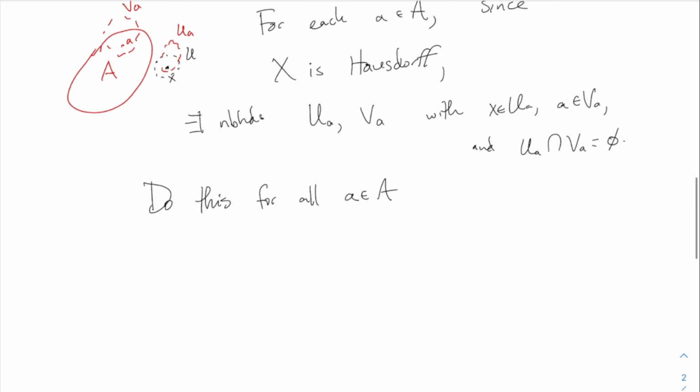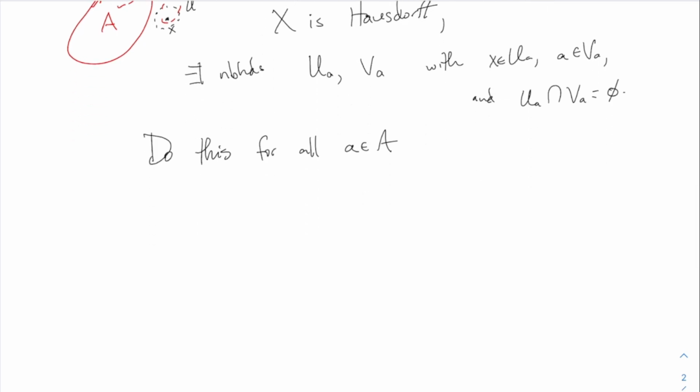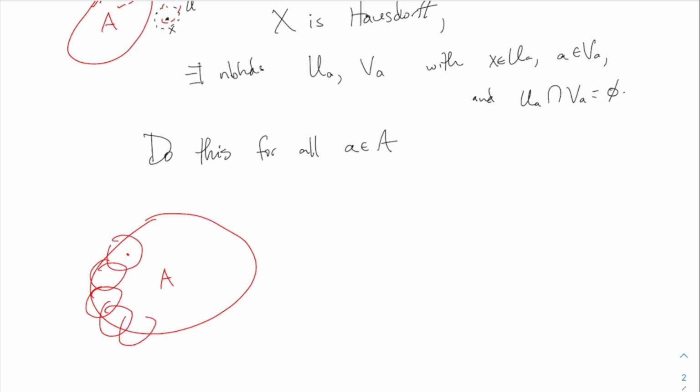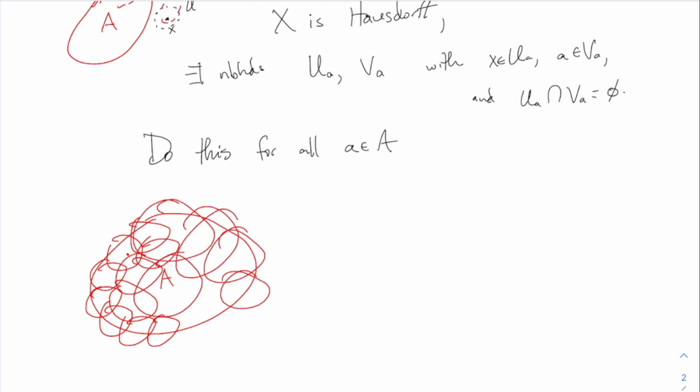I'm going to try and draw this picture so that it looks a little nicer. What you end up with is, here's my A, right? Every point in here gets a neighborhood around it. So actually, these guys, these are the V's. They will end up making an open cover of A. They might stretch out beyond the boundaries of A a little bit, but these guys over here, the VAs, are an open cover of A, right?